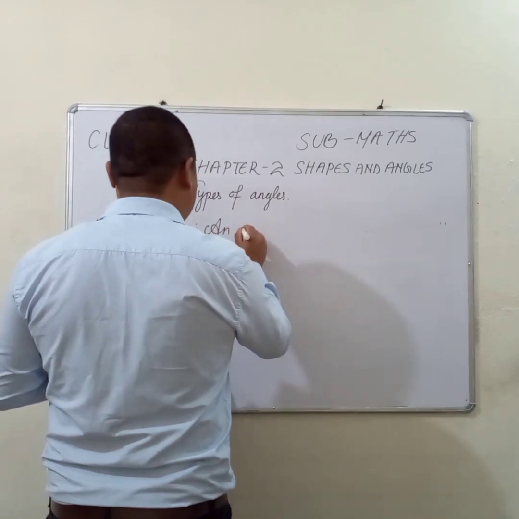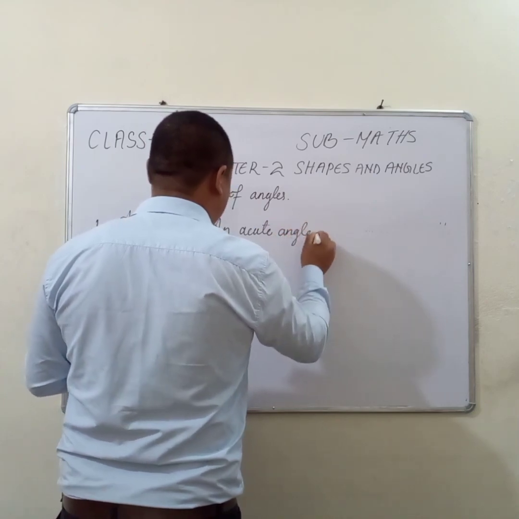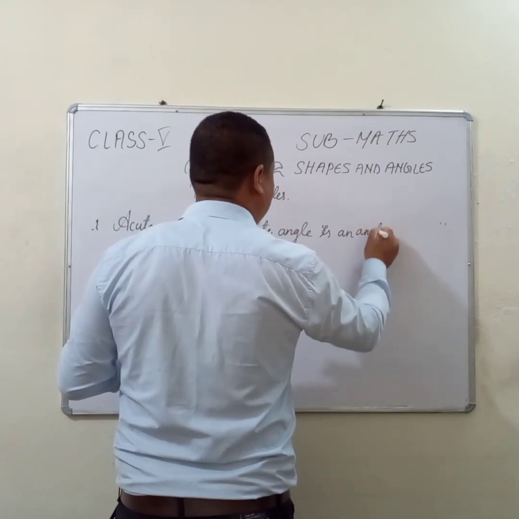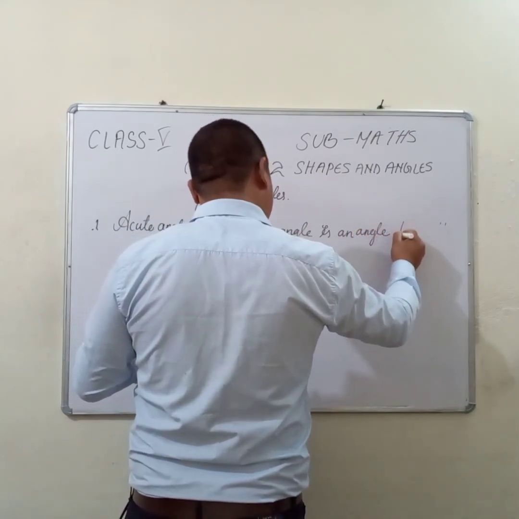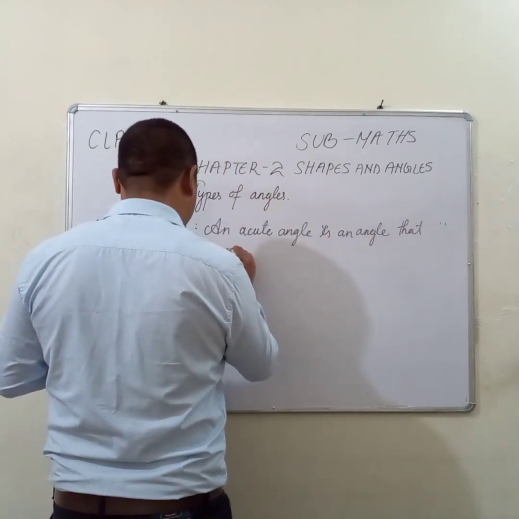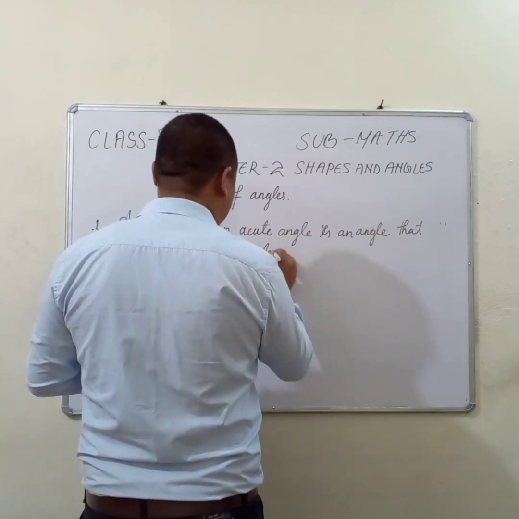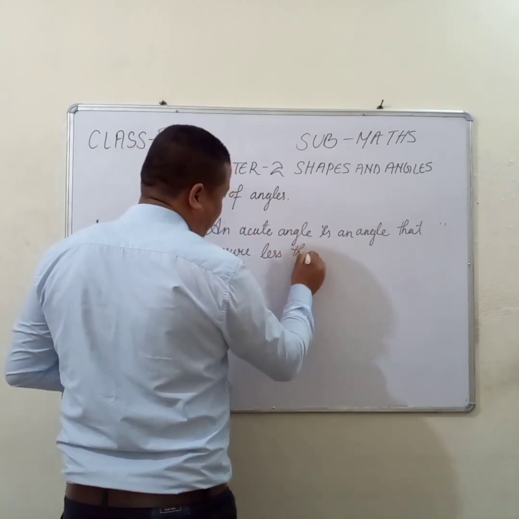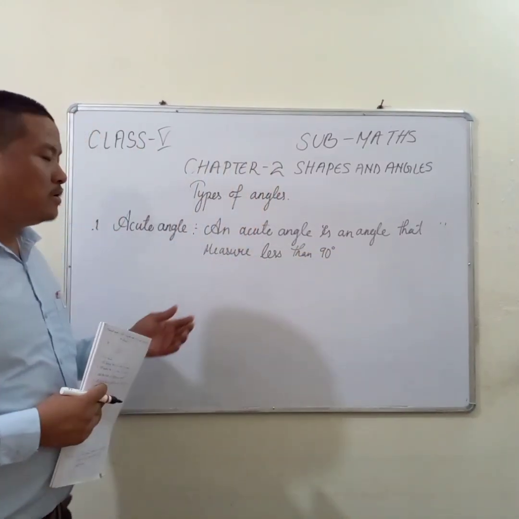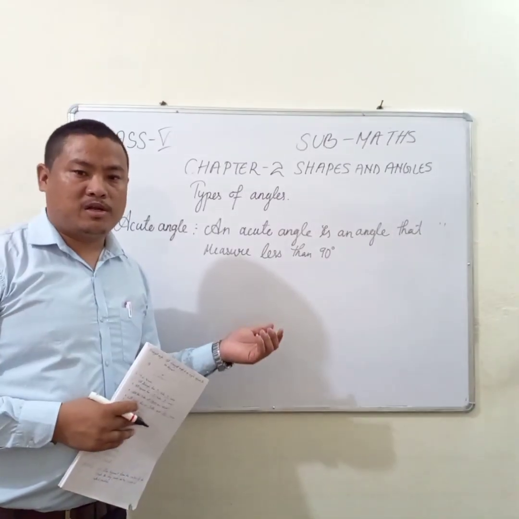An acute angle is an angle that measure less than 90 degree. Okay. An angle which is measured less than 90 degree is called acute angle.